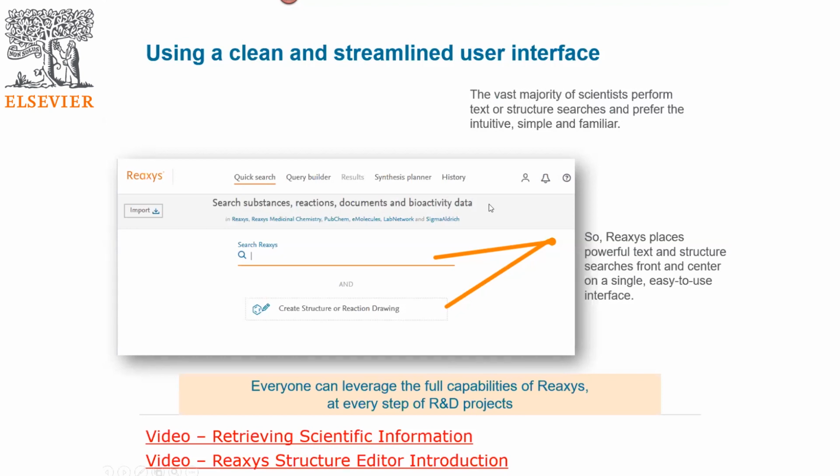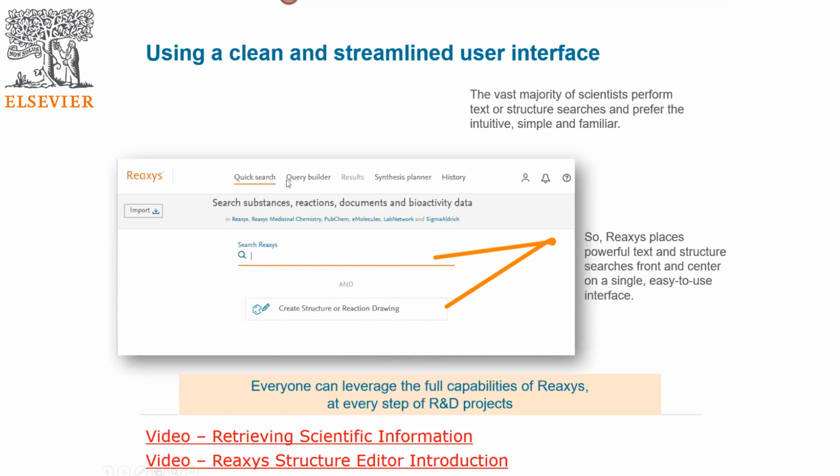The idea is that in Reaxys, there are several tools to make you able to get your answers as soon as possible. For the big majority of questions, it would be enough to use a text search or to use a structure editor in the quick search tab.